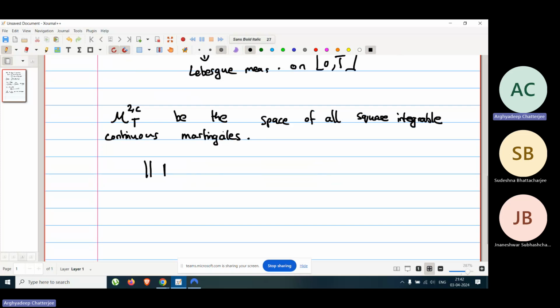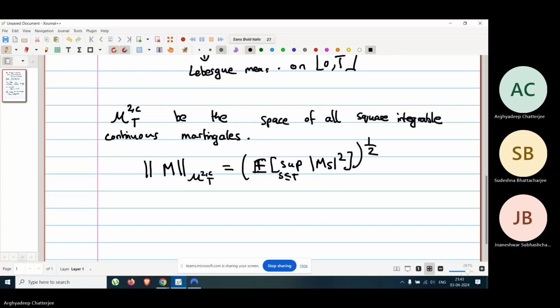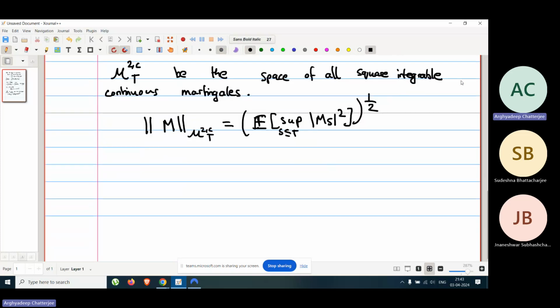This norm for some martingale M will be given by this expression: the expectation of the supremum over s from 0 to T of M_s squared, and the whole raised to the power half. So this endows the space of square integrable martingales with this norm.